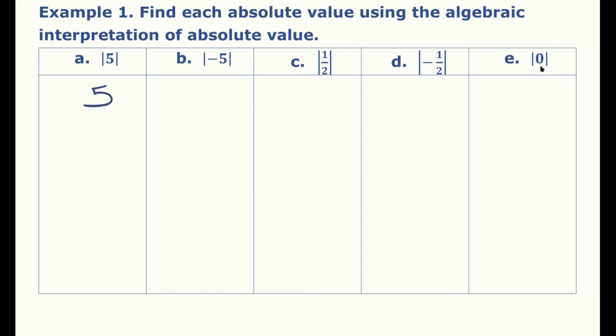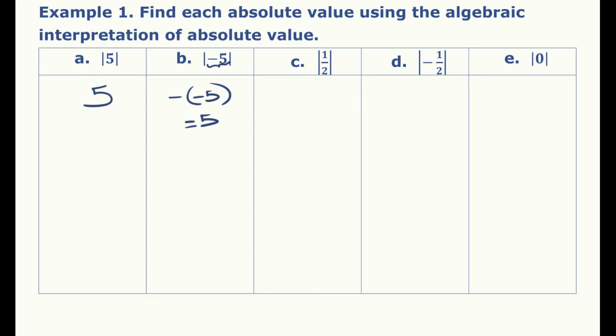What about the absolute value of -5? Remember, the absolute value of x is the opposite of x if x happens to be negative. And here, -5 certainly qualifies, so therefore the absolute value is going to be the opposite of itself, which is going to be what? 5, exactly.